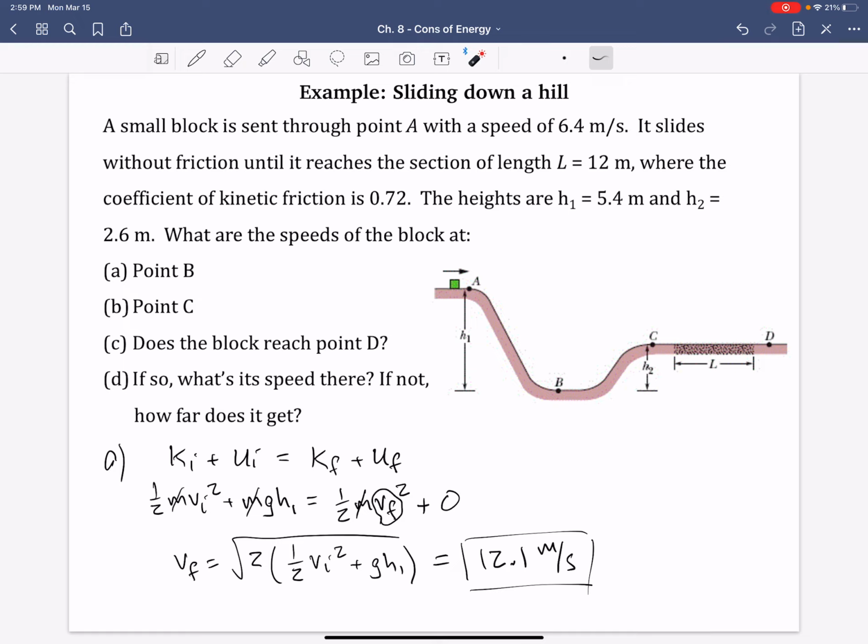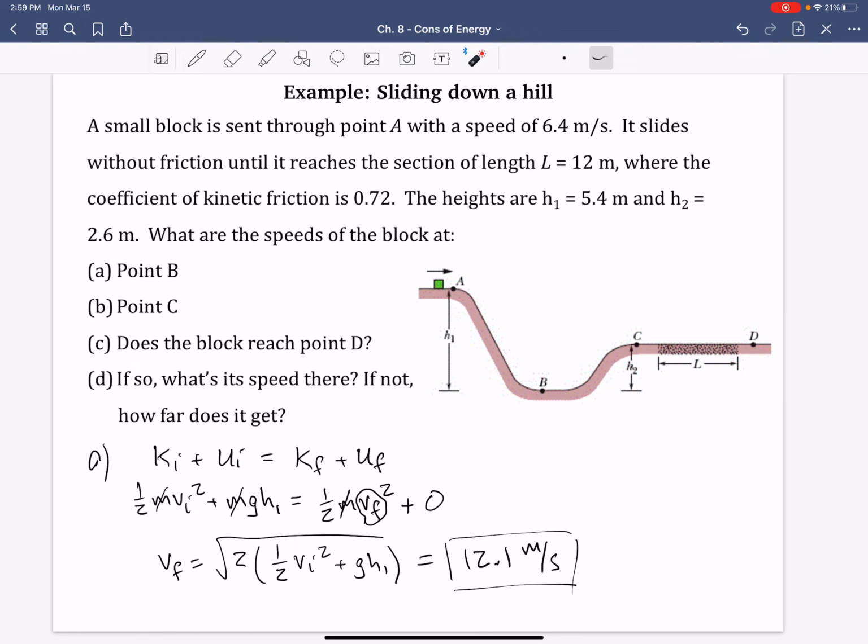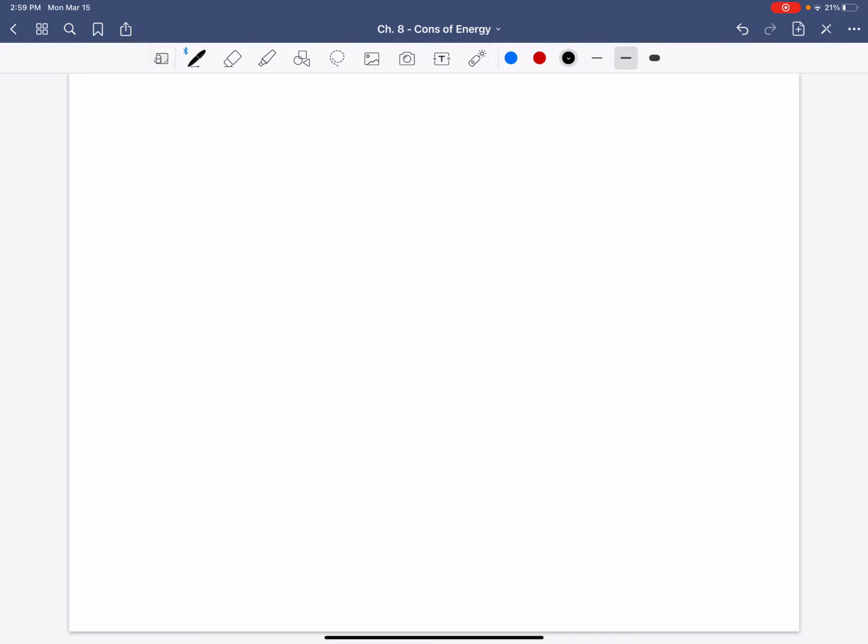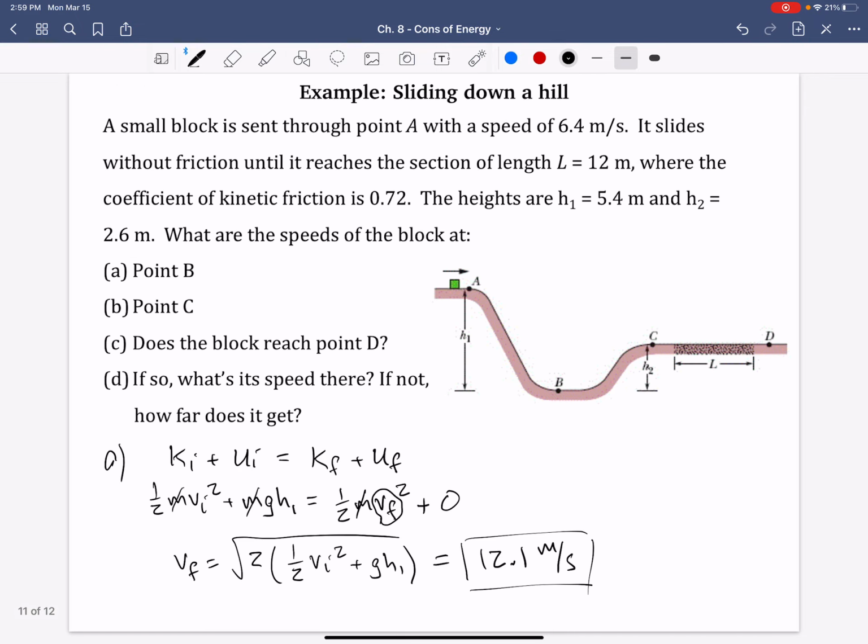All right, so for part B, we'll move on to the next slide here. We want to find the speed at C. We can actually do this one of two ways. It's still a frictionless problem, so it's still a conservative energy conservation problem.